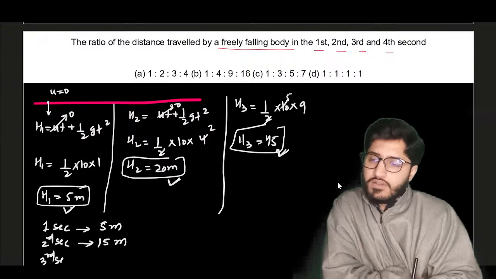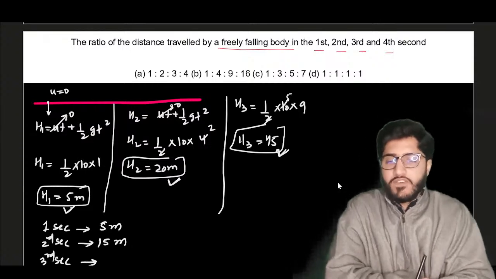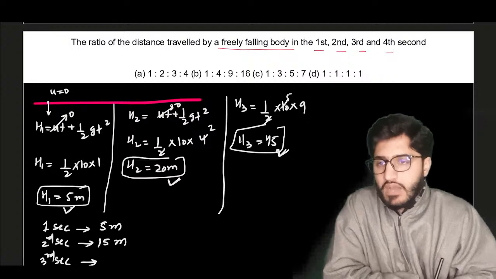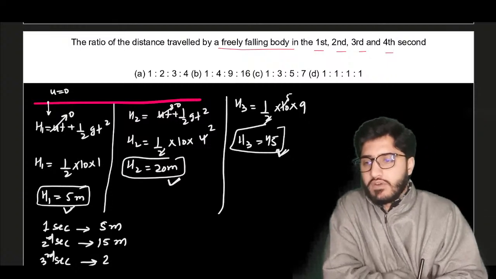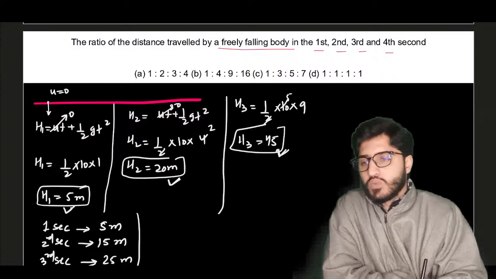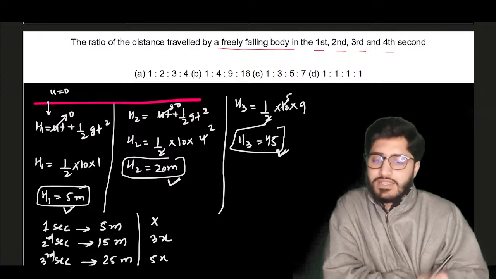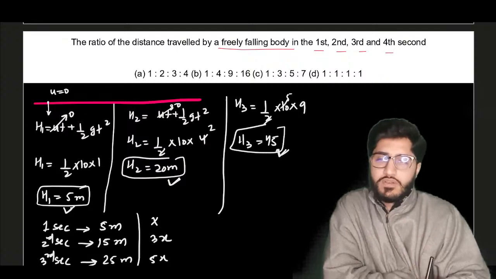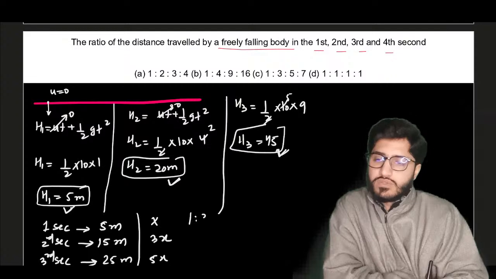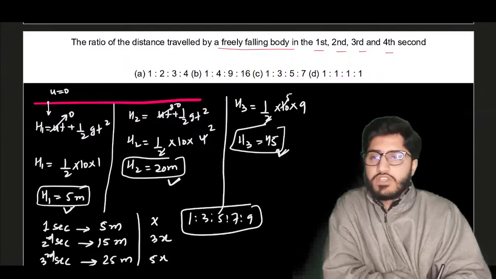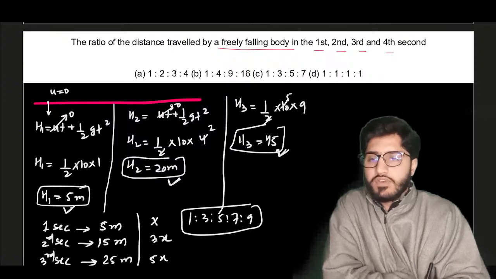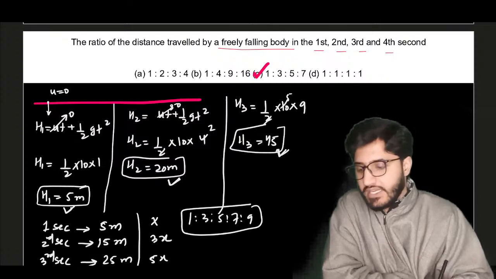In third second, we have 45 minus 20, that is 25. If this is x, then we have 3x, 5x, 7x, 9x, and so on, right? So the ratio is 1 is to 3 is to 5 is to 7 is to 9 and so on. Which option is correct now? 1, 3, 5, 7. Option C is correct. Okay.